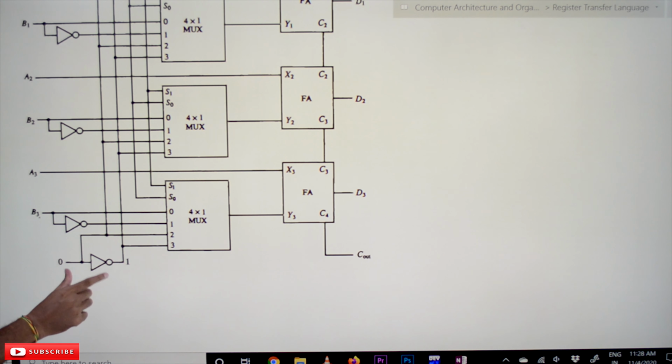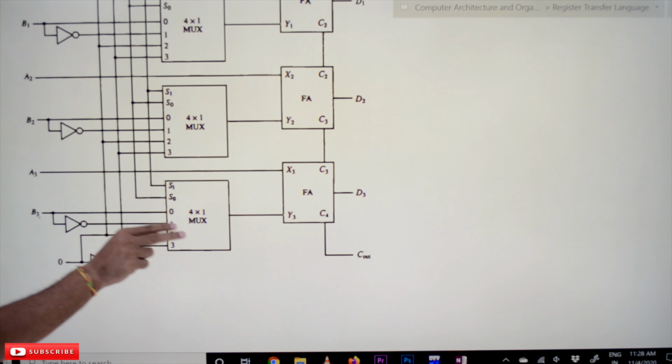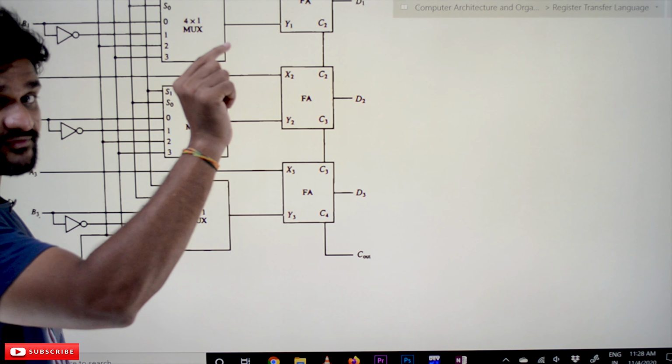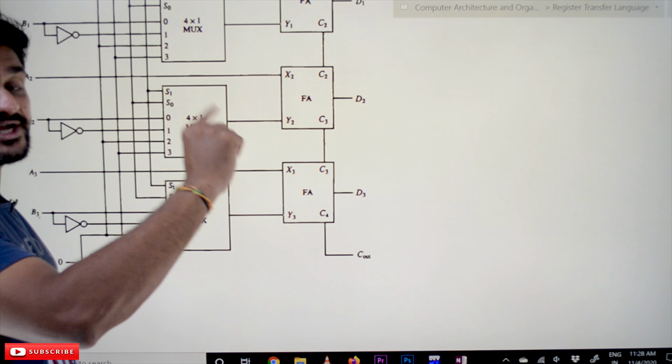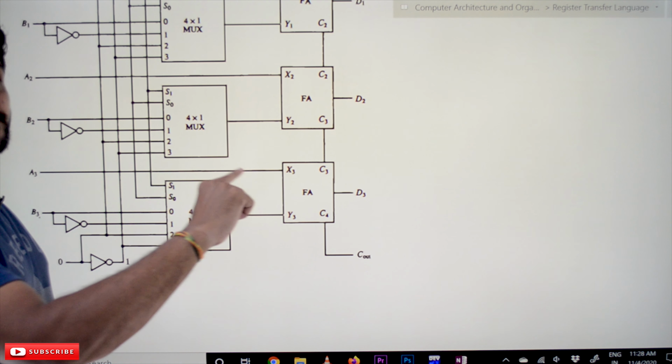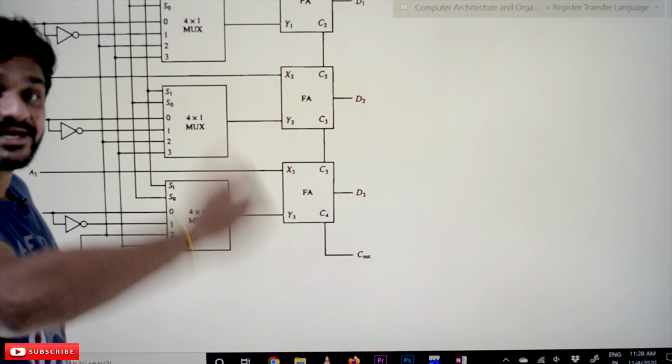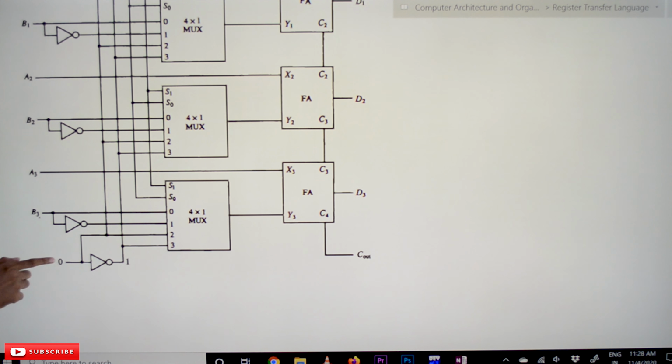See here, we are having a circuit. It is continuously provided with 0, and whenever the select lines S0 and S1 are provided with 0, 1, it is going to select line 2, which is provided with the input 0. See here, 0 is provided.